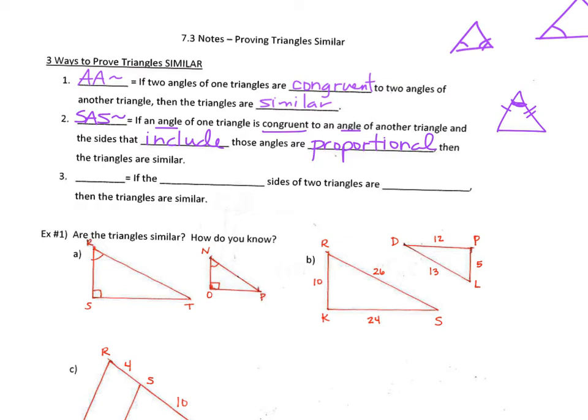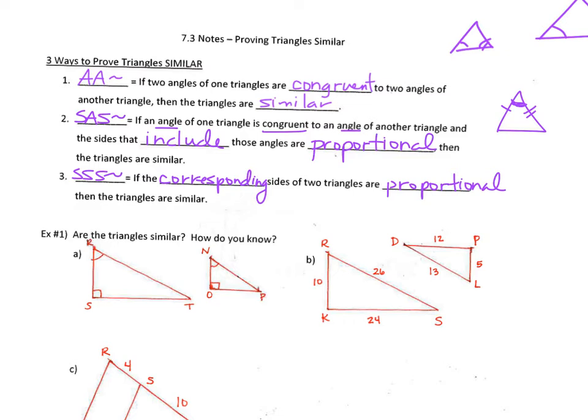Third one, also one you had with triangle congruence. This is SSS similarity. And it says if the corresponding sides, in other words, the sides that match up with each other of 2 triangles are proportional, then the triangles are similar.